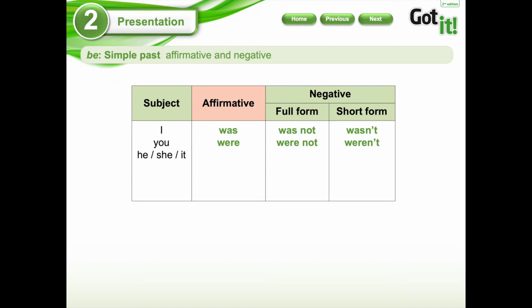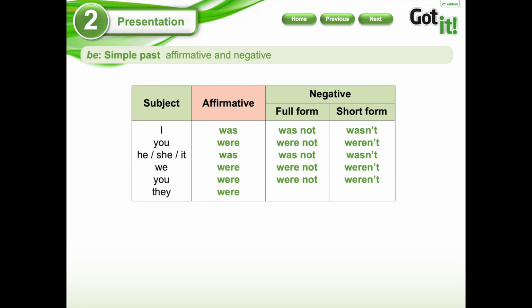Then we have he, she, and it with was not, wasn't. We, were not, weren't. You, were not, weren't. And finally they, were not, weren't.